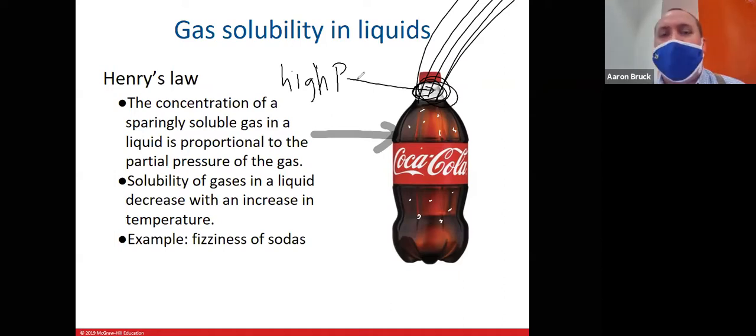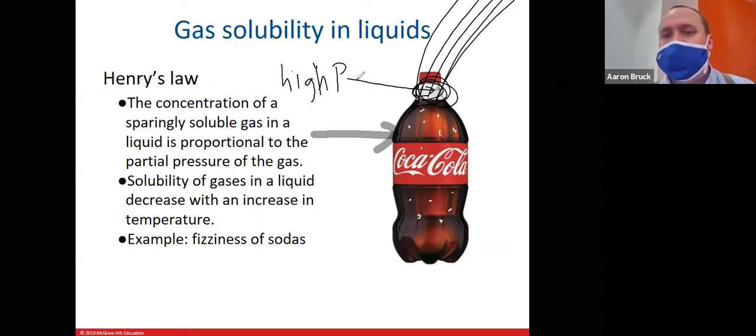And that kind of trend is going to continue the longer that that bottle is left open. Because as that bottle is left open, we're going to see more gas escaping as the pressures start to hit an equilibrium with atmospheric pressure.